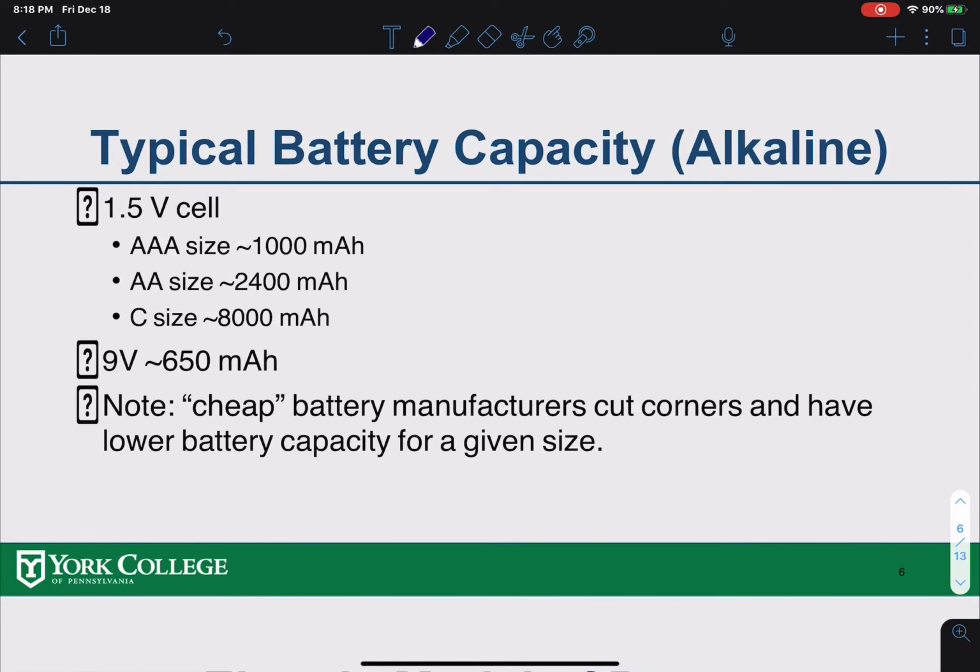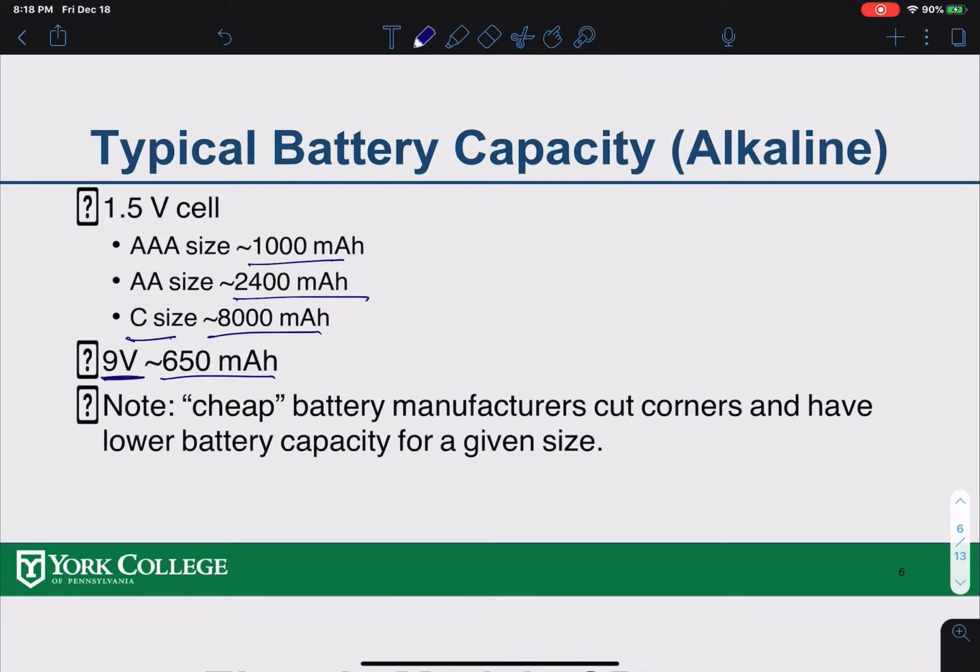And for 1.5 volts cells, if you have a triple A battery, it has around 1000 milliamp hours. If you have double A, you have around 2400 milliamp hours. And C size could have as high as 8000 milliamp hours. So you can see that C size has more capacity than anything else. And your 9 volt battery would have basically 650 milliamp hours.